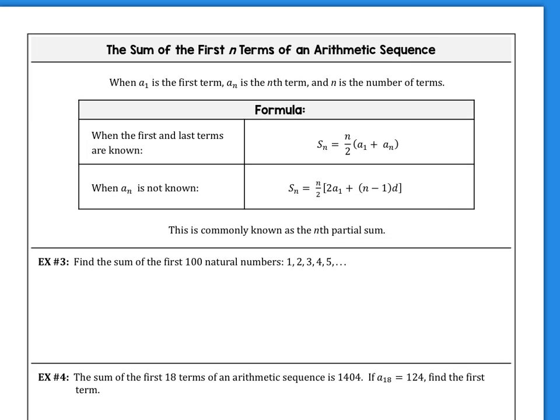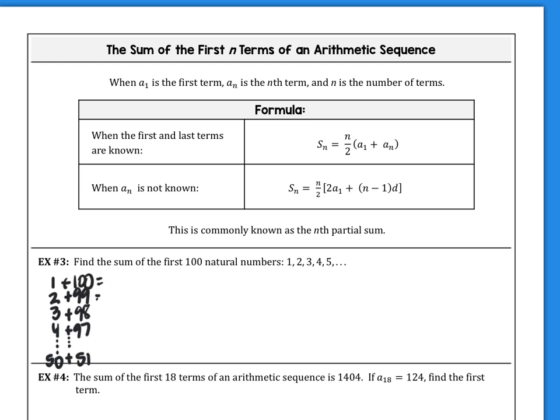Somebody realized, and this is how the formula came about, that if you add the numbers 1, 2, 3, 4, all the way to 50, and then go across 51, all the way up to 97, 98, 99, 100, okay?